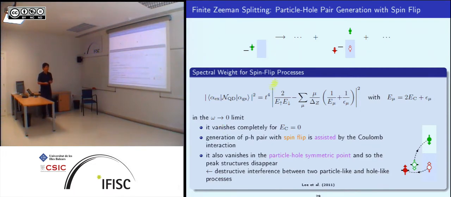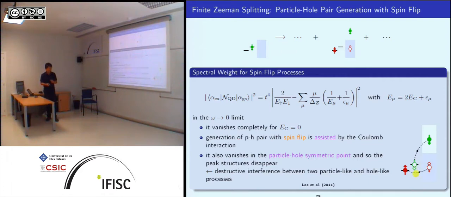And one thing which is interesting is that this value also vanishes at the particle symmetric point, which means that at a condition where the energy of adding one electron and subtracting one electron are the same, we have particle symmetry, and then this value goes to zero. It's because for this process there are two possibilities with respect to the order of the tunneling.